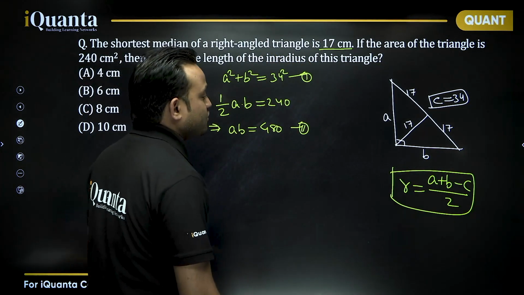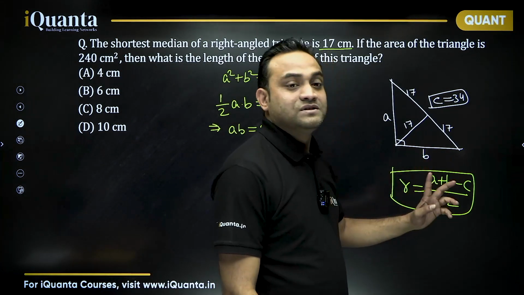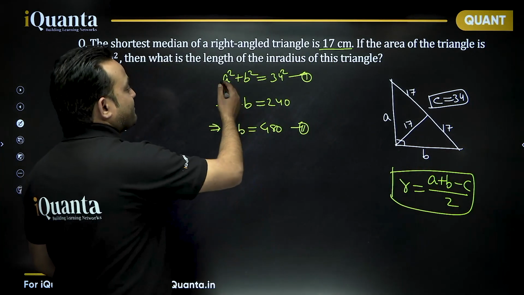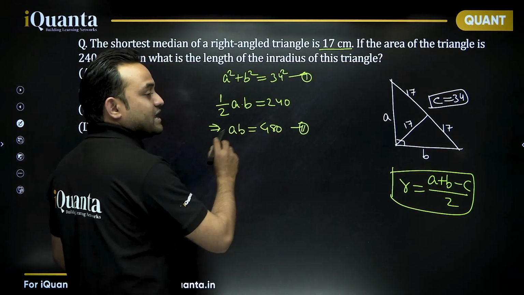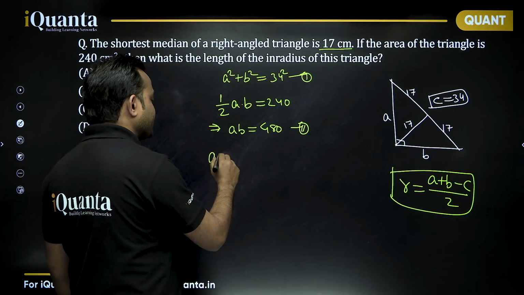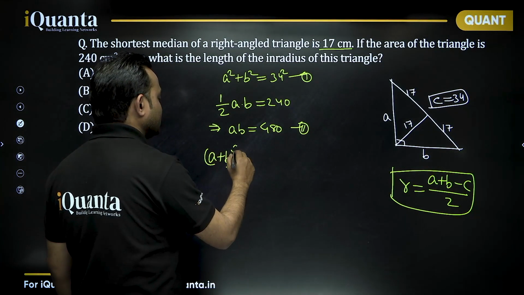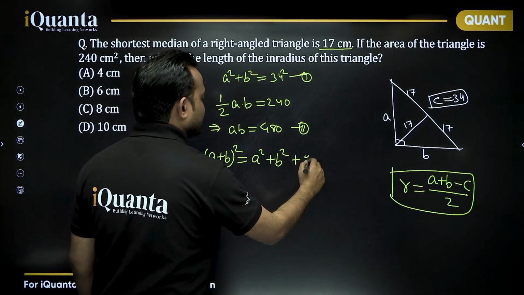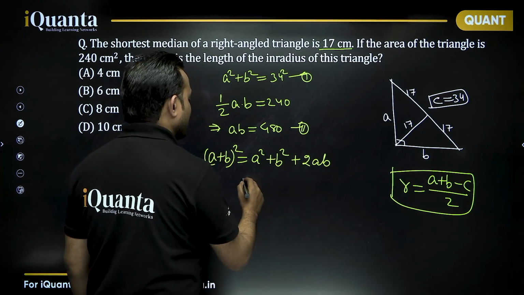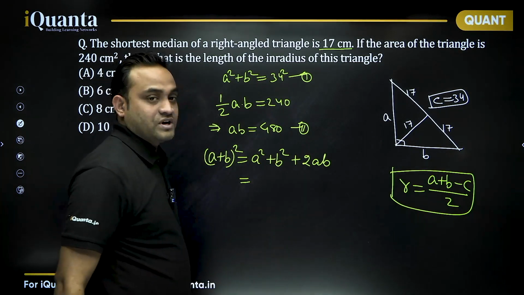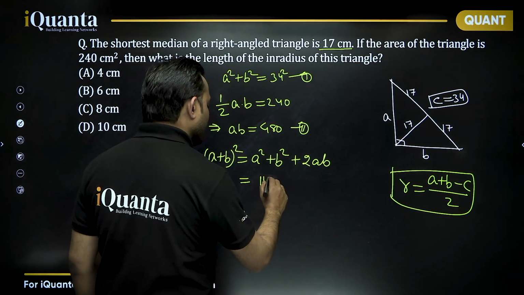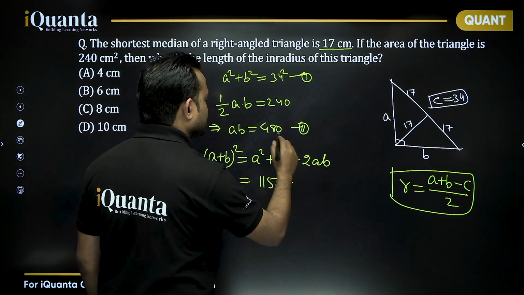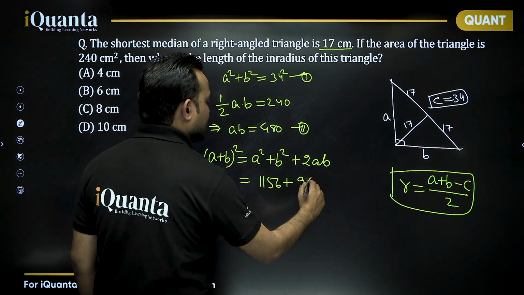Now, we need to find A plus B because we already have C. So how do we find it? We have A square plus B square. We have AB. Can we say, if we try to find A plus B whole square, this is nothing but A square plus B square plus 2AB. Now what is A square plus B square? 34 square. What is 34 square? 1156, plus 2 times AB will be 960.